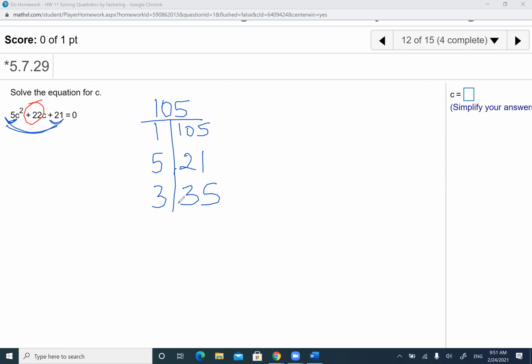What else? 6? No, it's not divisible by 6.